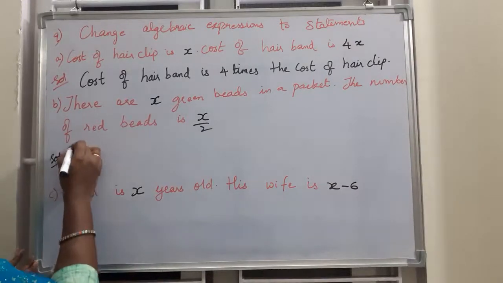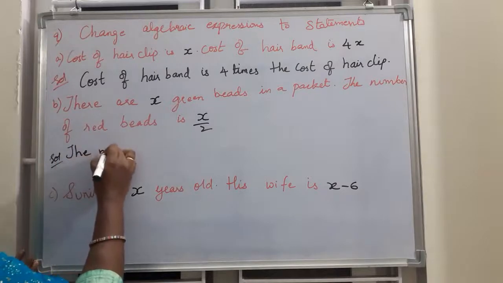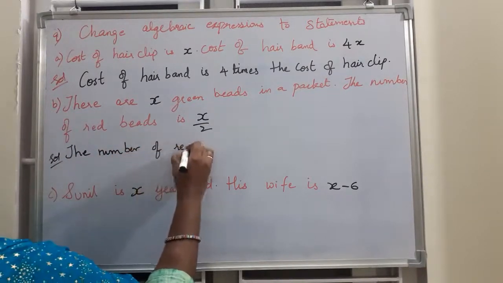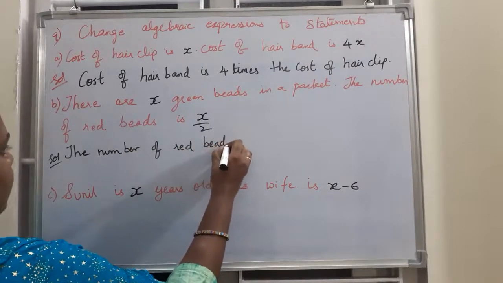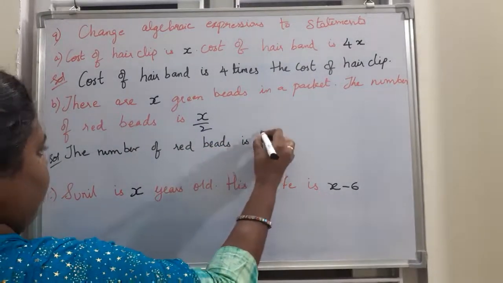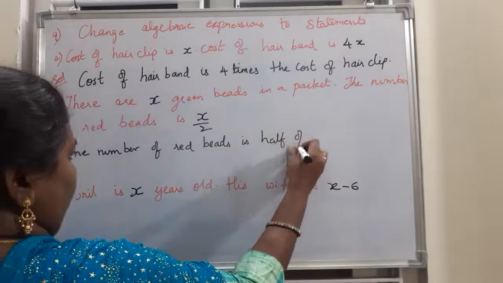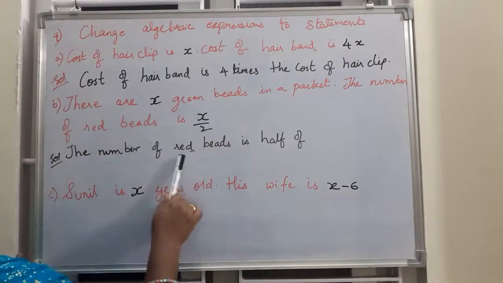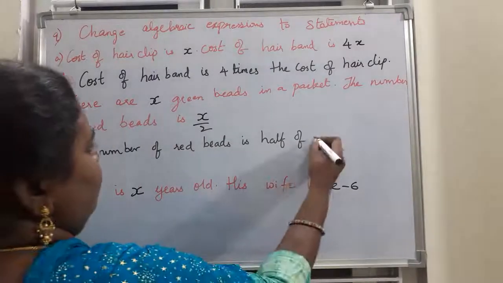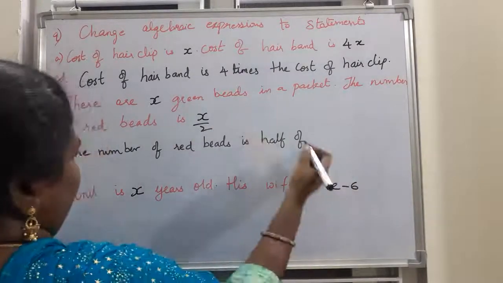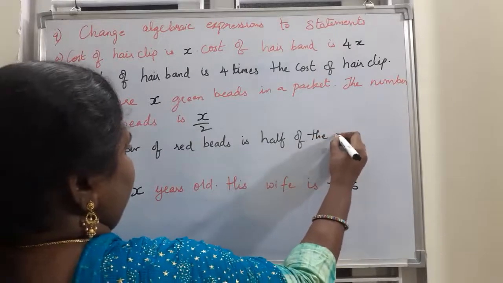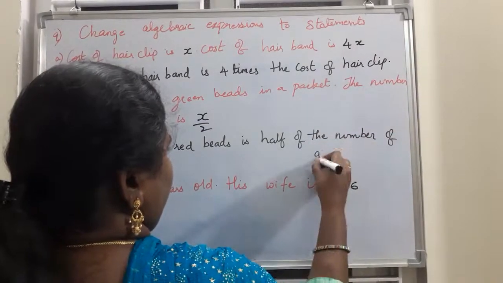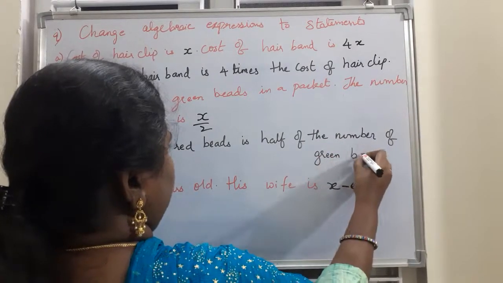So start: the number of red beads is half of, now what is x? Green beads. So the number of red beads is half of the number of green beads. Okay.